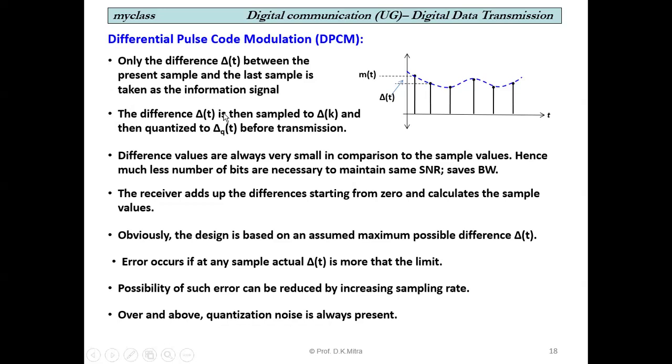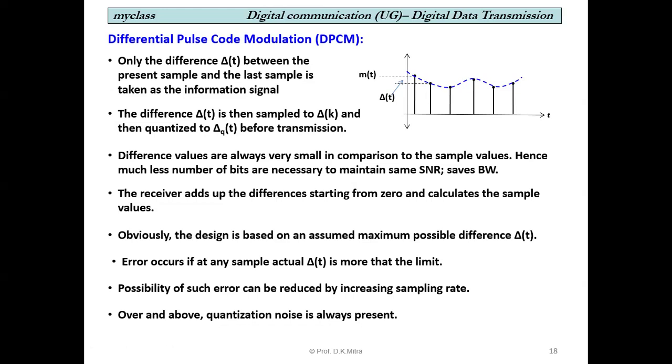The difference del T is sampled to a symbol del K, because del T also has a range, but if del T is within a certain range, it's given one value, and it is quantized to another symbol, del quantized T, before transmission.